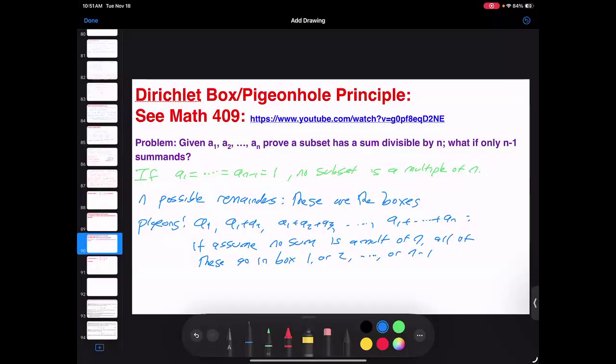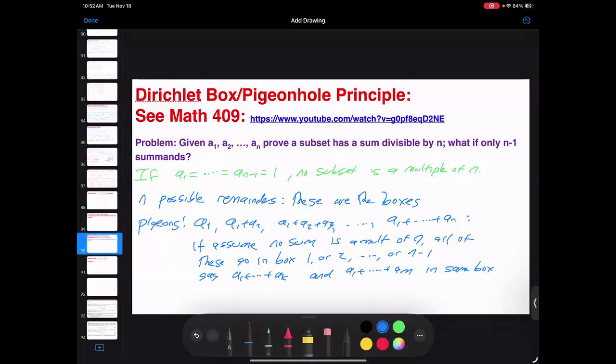If no sum is a multiple of n, how many boxes do we have now? Now we only have n minus 1 boxes, and we have n pigeons. Now we're good. Say a1 plus ak and a1 plus am are in the same box.